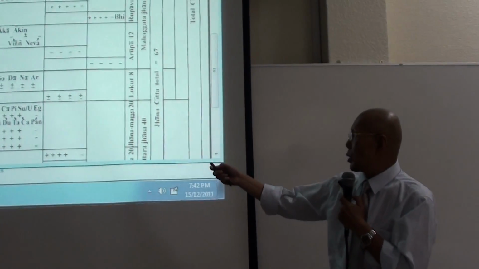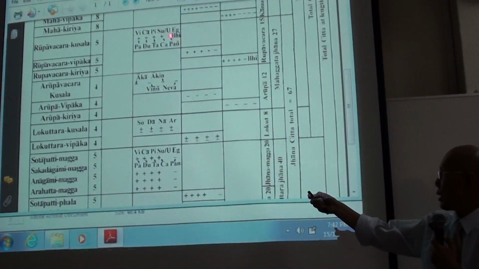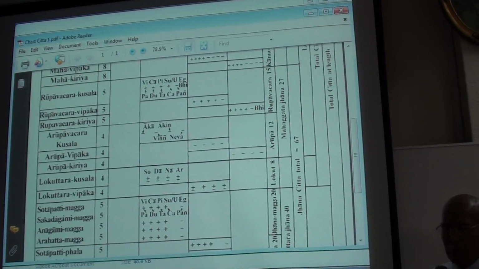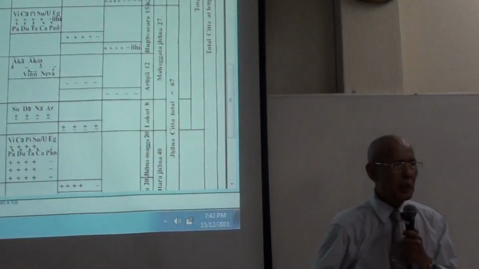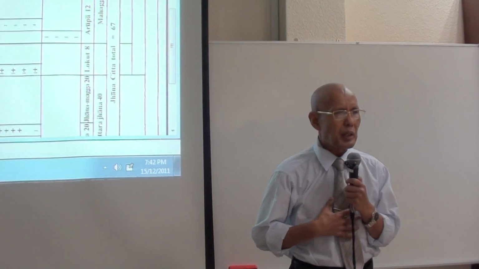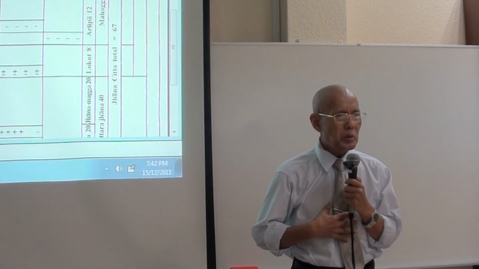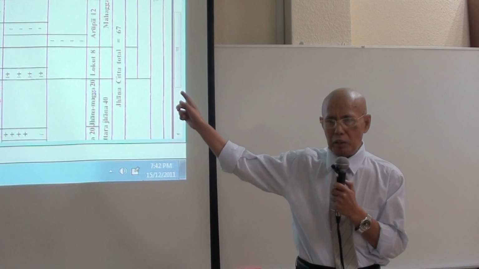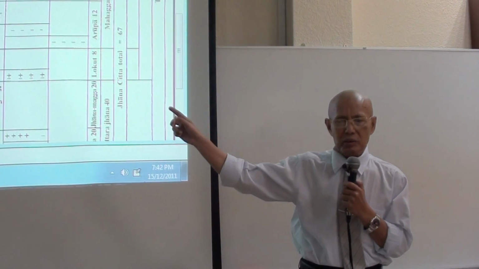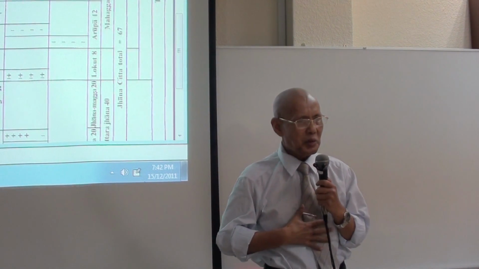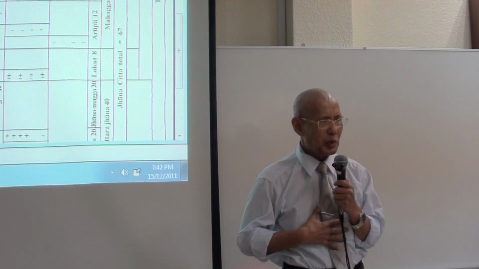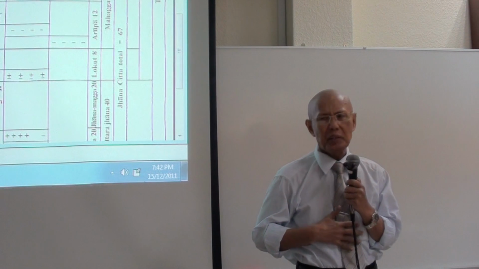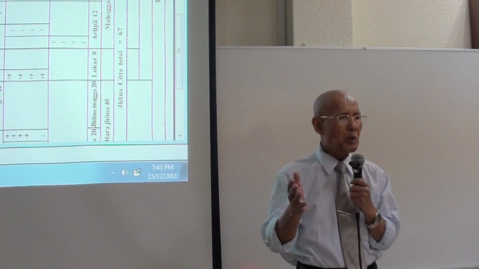Now when you develop the fifth jhana, even at this state, they say your breathing is no longer distinct anymore. If you are in the jhana attainment of this fifth jhana, they cannot detect that you are breathing. You must be breathing to be alive, but it's so fine that it cannot be known anymore.